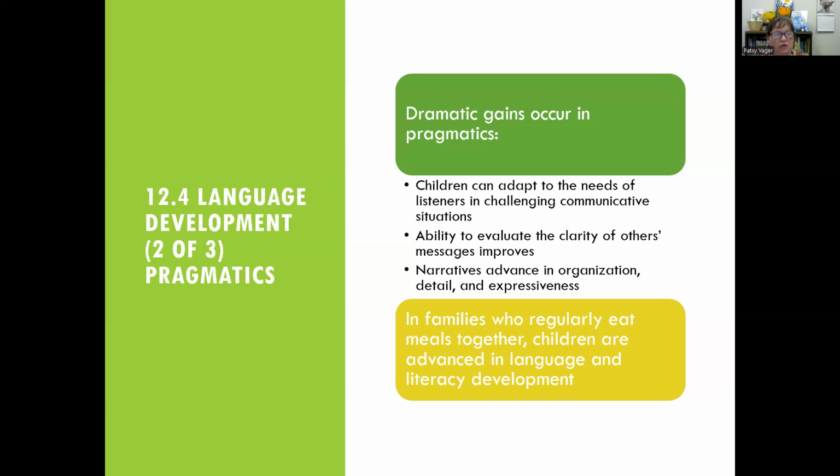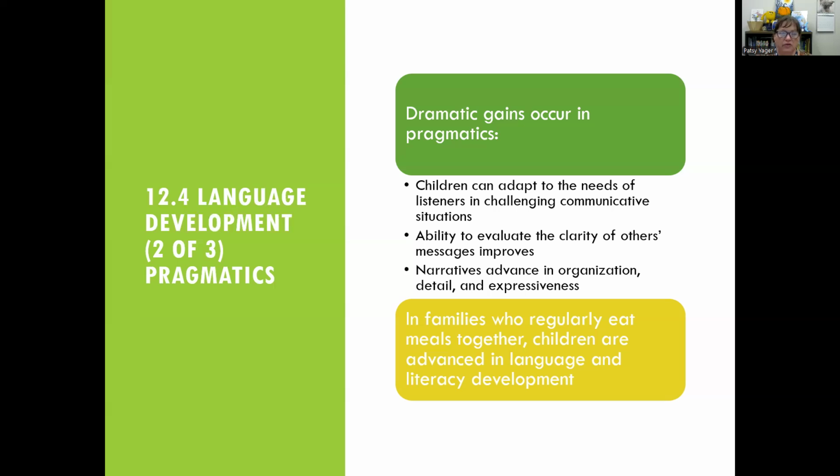In families who regularly eat meals together, children are advanced in language and literacy development. It's not the act of eating the dinner, it's the act of the communication, the conversation that happens around the dinner table during that family time when they're really not focusing on anything but just themselves and their family.